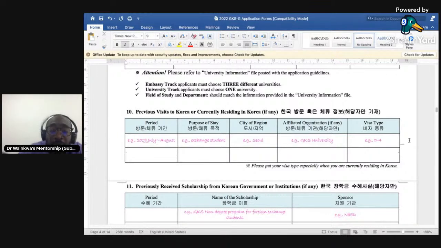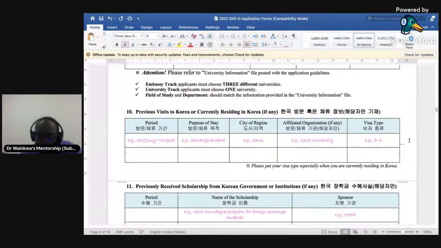If you've been here as an exchange student, for example, if you're from Paris or France and you once came to Korea as an exchange student, then you've got to mention that you have been to Korea before.